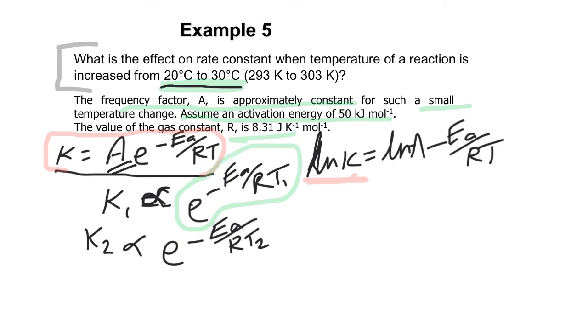So let's put the values into that expression. EA is 50 kilojoules per mole. Notice that this is given in kilojoules.